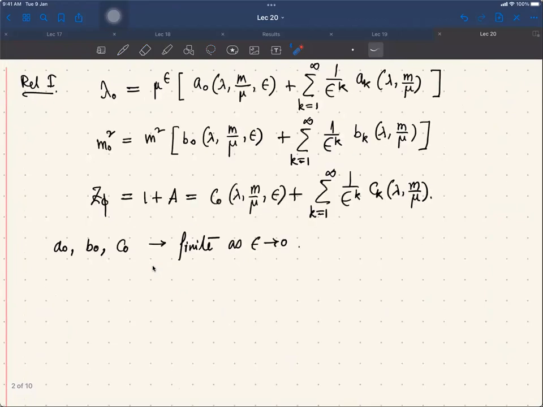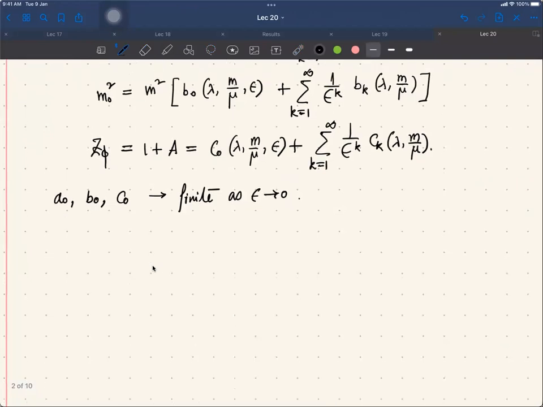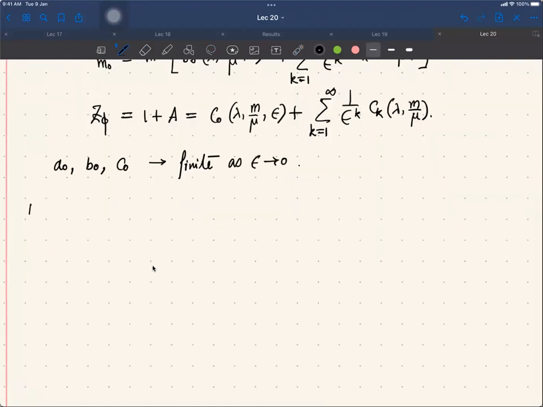So of this kind of a way of writing this relation between the bare and renormalized quantities, let me note it down here.